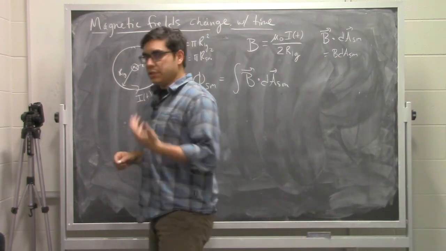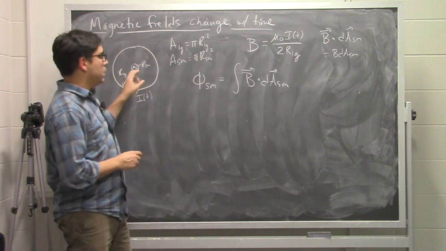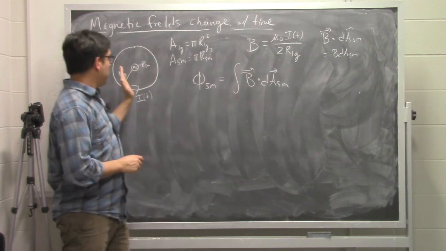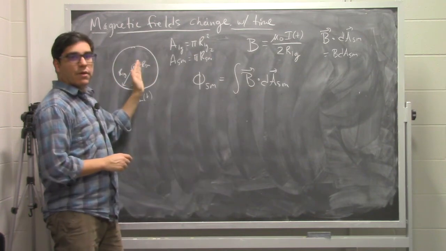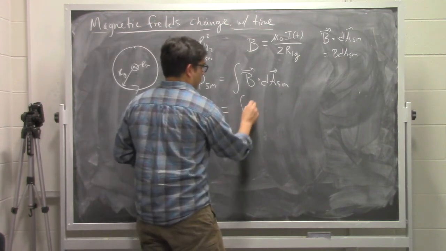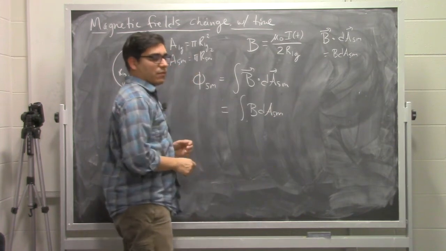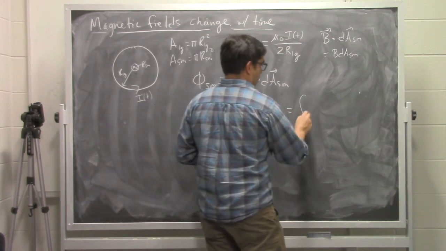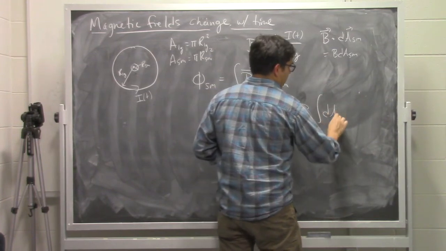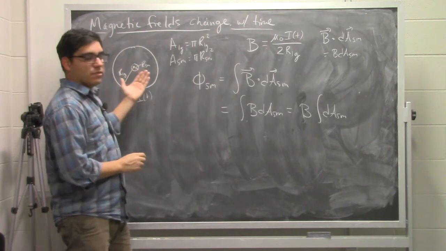Additionally, if we assume that the little loop is quite small compared to the big one, we can assume that the magnetic field over the surface defined by that little loop is a constant. And so what that allows us to do is to both reduce this integral to this kind of calculation, as well as to pull out the magnetic field and end up integrating all over the surface of that loop face.